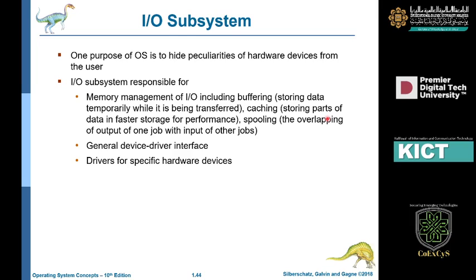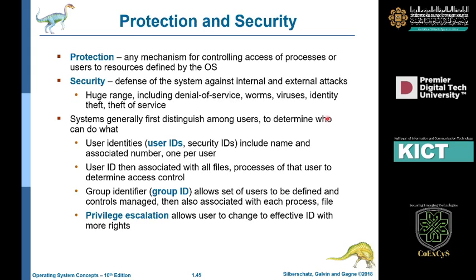So IO in the operating system is also important for IO subsystems, and basically it's for drivers for specific hardware devices, right? How memory is being buffered, cached, and how hardware devices are being used by the users, right?